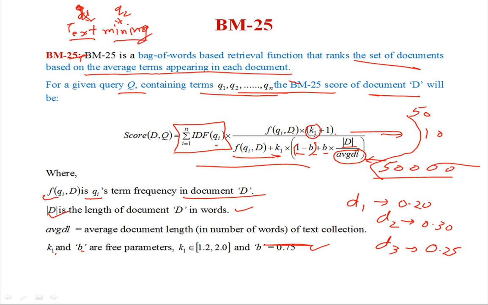Then the first ranked document will be D2, the second rank will be D3, and the third ranked document will be D1. Document D2 will contain more appropriate information about text mining with respect to documents D3 and D1. So this is the process. This is the main use of the BM25 based ranking scheme.